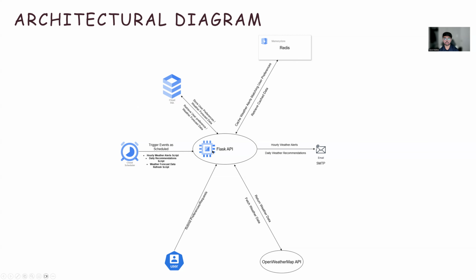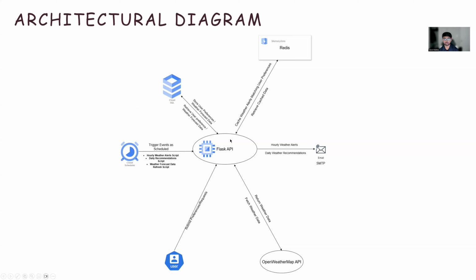So for hourly checking, first the hourly weather alert script is run, and when the script is run, if the preferences of the user match, it is stored in the Redis memory store. Then an email is sent through SMTP, specifically Gmail in this case, for that hourly weather alert.